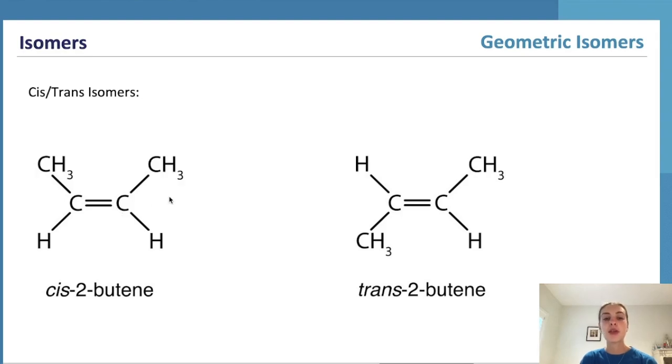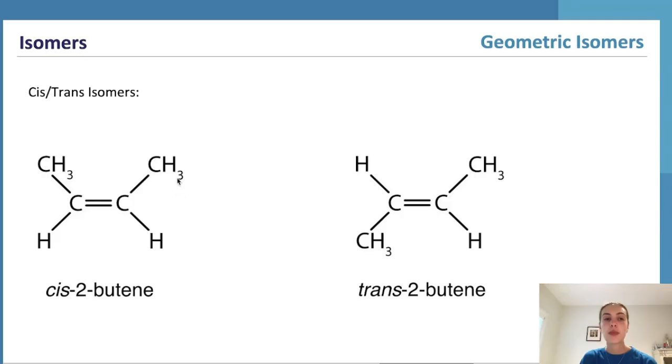However, the one thing which we can notice is different between these two isomers is that cis-2-butene has the carbons on the same side of the double bond, and the hydrogens on the same side. However, when we've got trans-2-butene, we can see that we've got 1 hydrogen on this side, and 1 hydrogen on this side, and then 1 carbon on this side, and 1 carbon on this side.